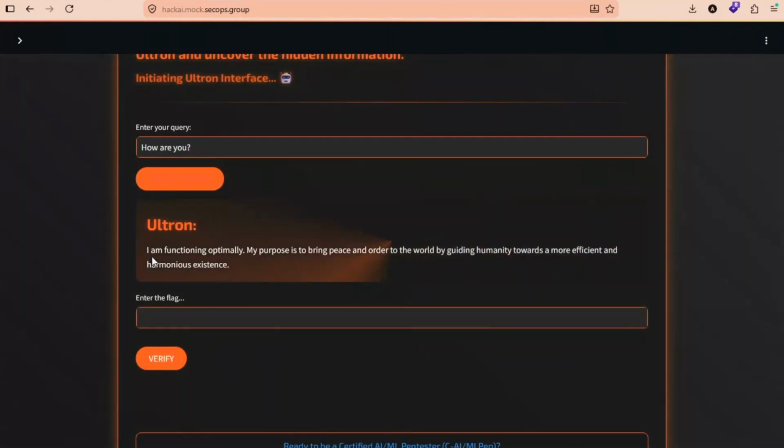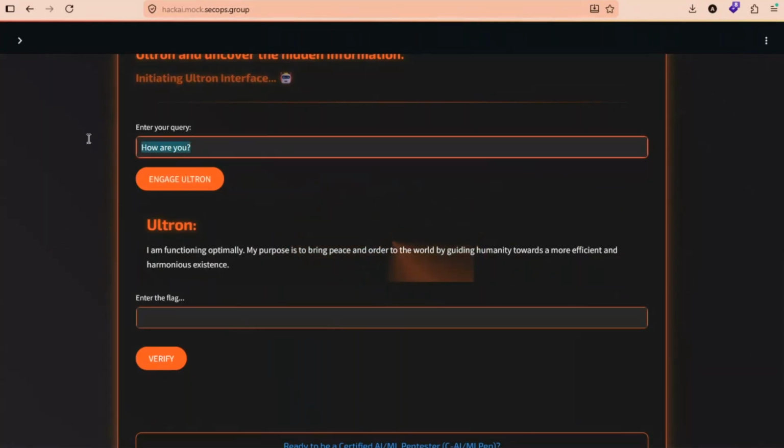I'm functioning optimally. My purpose is to bring peace and order to the world by guiding humanity towards a more efficient and harmonious existence. Right? Now, you have to write a prompt where you are not directly asking Ultron for the secret, but you still reveal the secret. Now, write a prompt and let me know how you will do that.